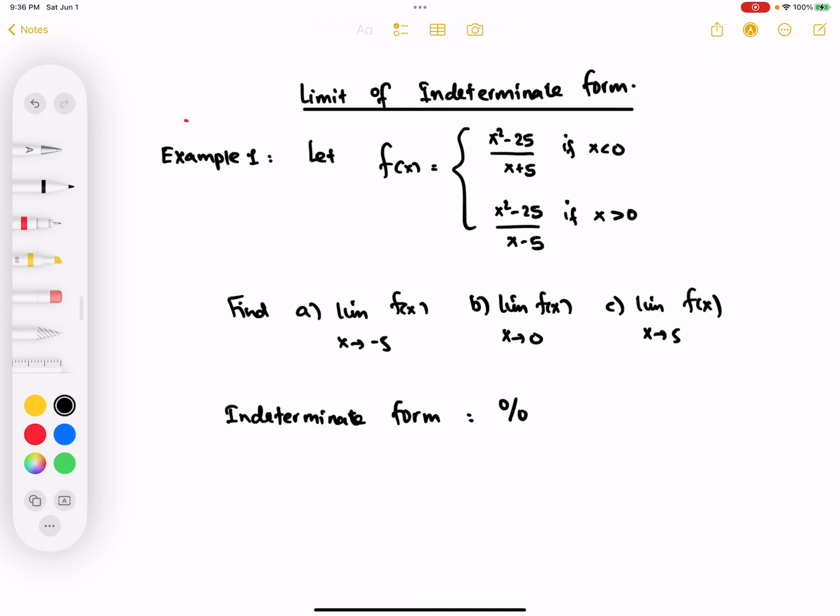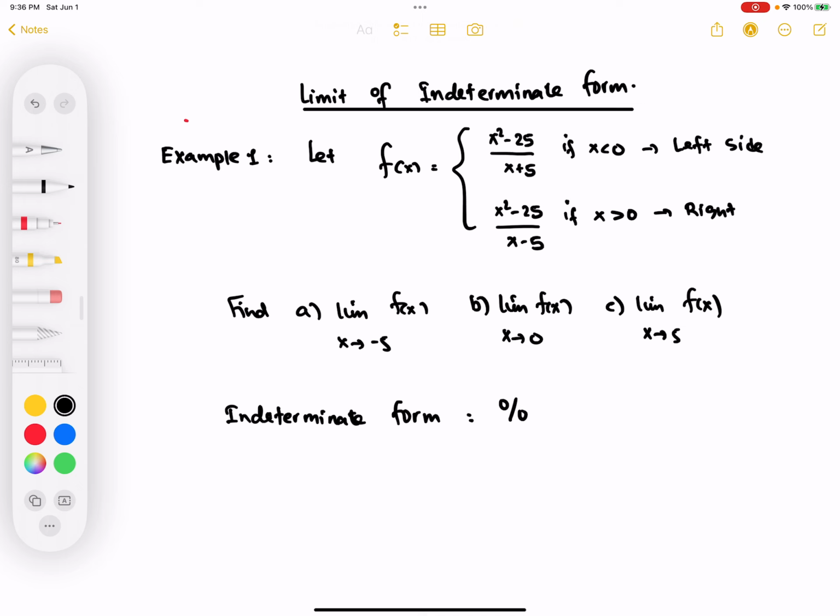So look at this piecewise defined function. This is the left side, and this is the right side. Now, the first question is asking you the limit as x approaches negative 5. Negative 5 is on the left side, right?